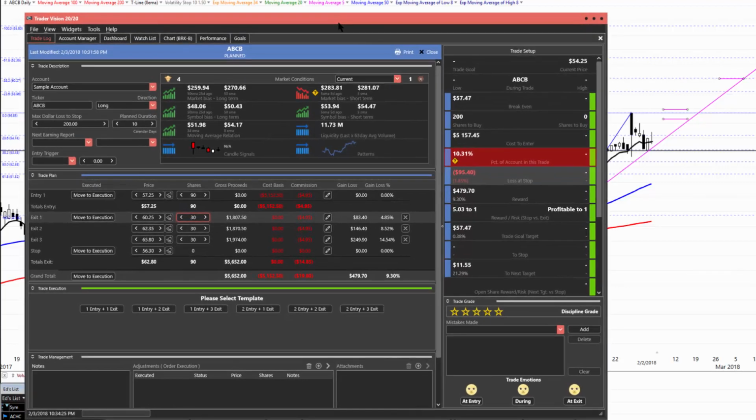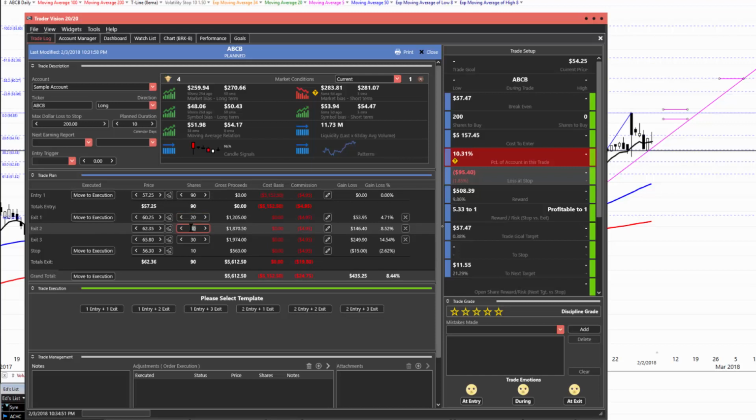However, can we improve that? Well, I think beyond this first extension is probably more likely. So let's reduce what we take here. I want to take something, but let's take just 20 shares there. And let's say that we take 40 shares at the second target.